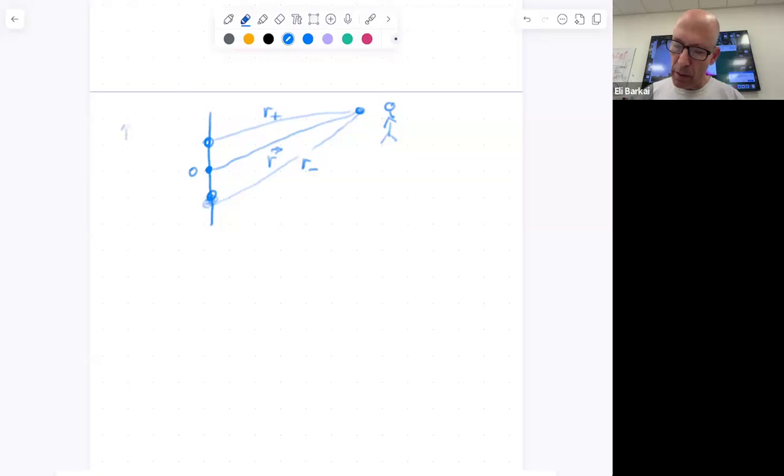d is this distance. So we immediately know what R plus and R minus are to zeroth order approximation. It's simply R because R is very big. I hope you all see it. So R plus and R minus, to the first approximation, are simply the distance from the origin to the observer. And we will need to calculate some corrections for that, which I hope remind you of something.